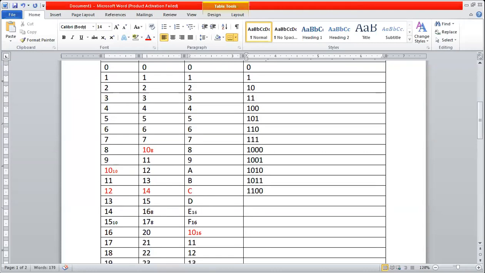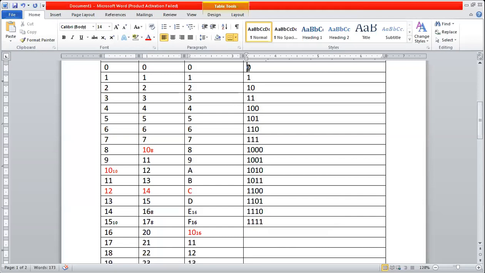Then 1101. Then 1110. Then 1111. So here, to represent a total of 16 numbers, I require 4 digits.